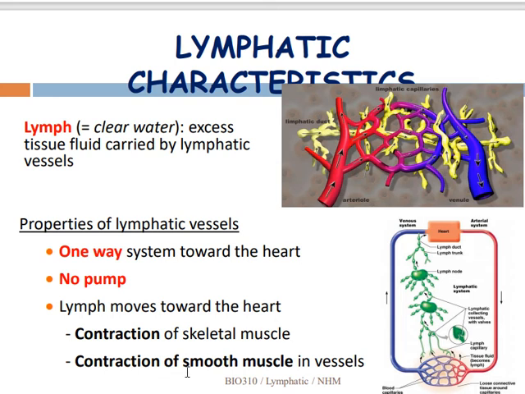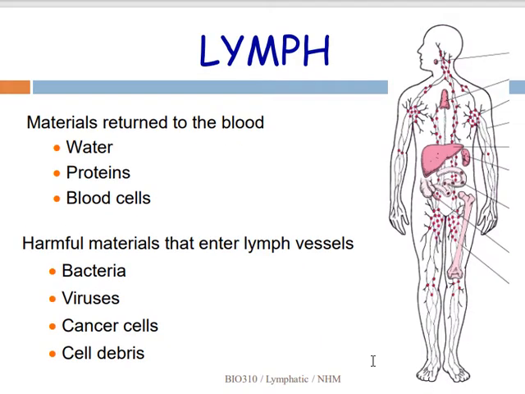And the next one is by the contractions of the smooth muscle in the vessel through the movement. And then the lymph, the fluid inside the lymphatic vessel, returns back.